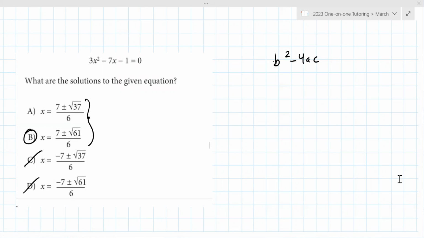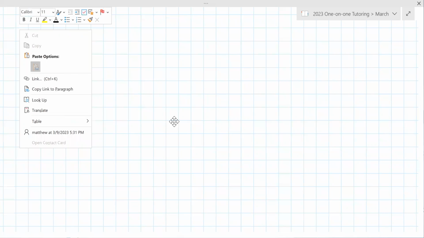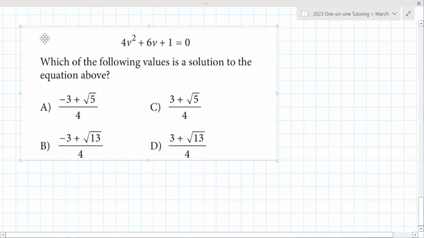All right, so we'll look at another problem here together. It says, which of the following values is a solution to the above equation? Notice they're using V instead of X. That really doesn't matter here. What does matter is you want to scan the answers and say, okay, what's the same and what's different?